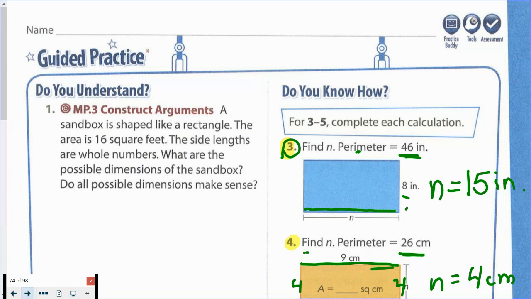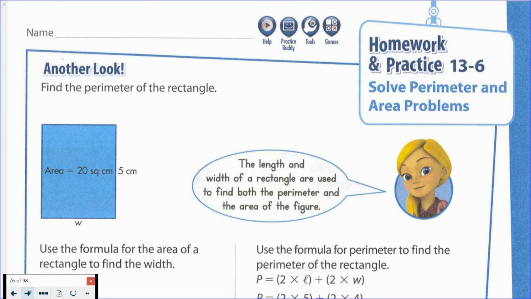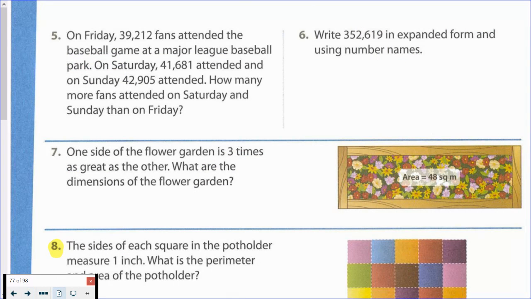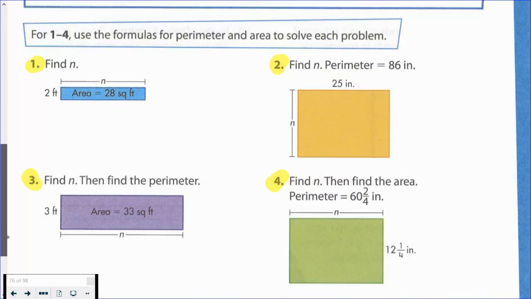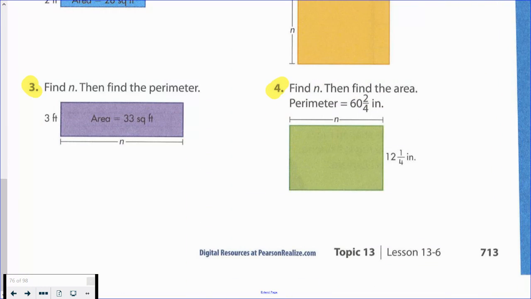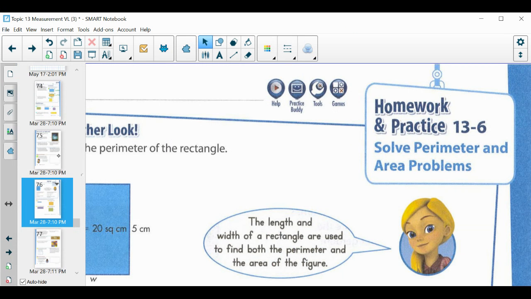When you are ready, in your math book, find the homework page that goes with today's lesson. Okay, so we are looking at page 713. Now I'm noticing a quick little issue in my notebook file.